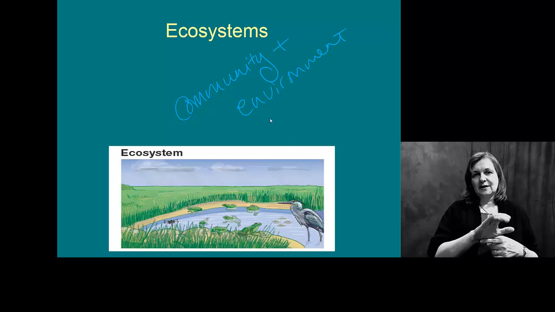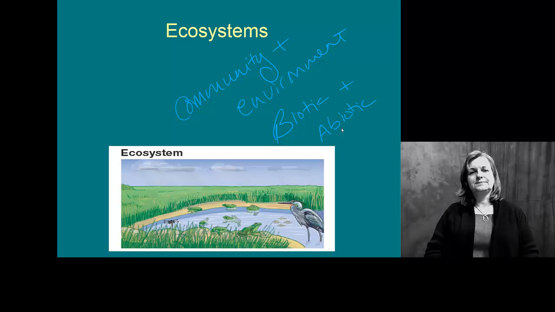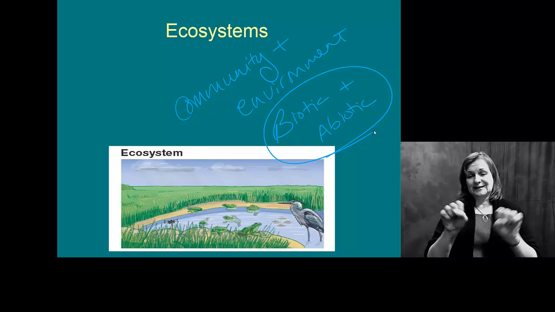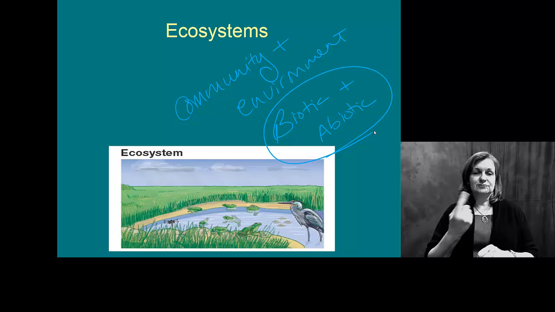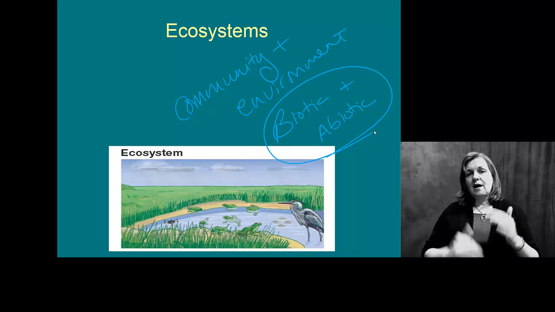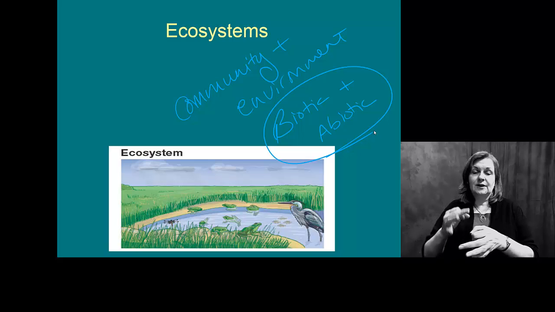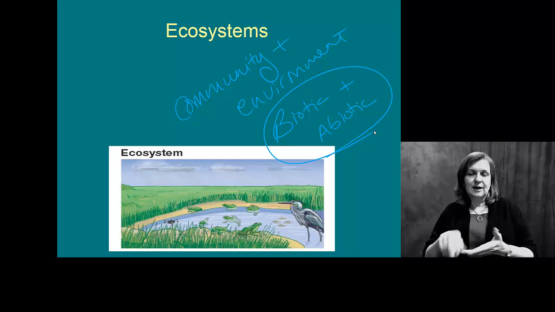So we talk about this as being biotic, the living, and the abiotic components of an area. So these ecosystems could be a basic field, they could be anywhere up to, say, an entire continent, depending on what you really want to look at.